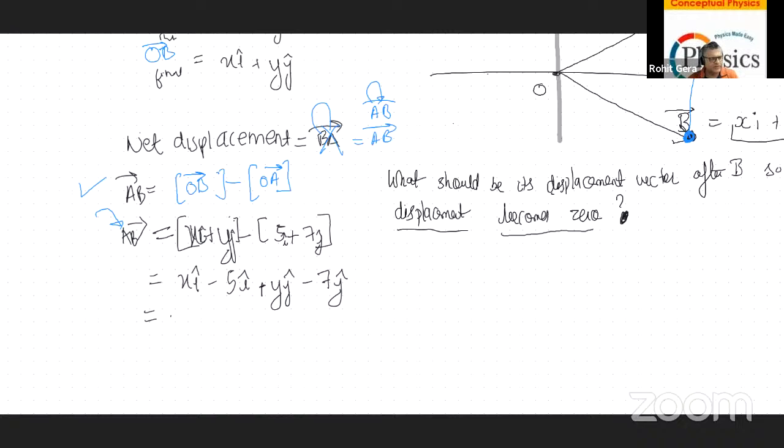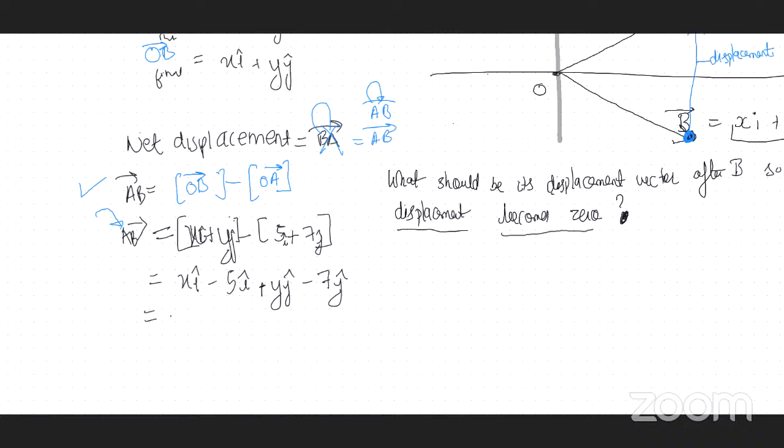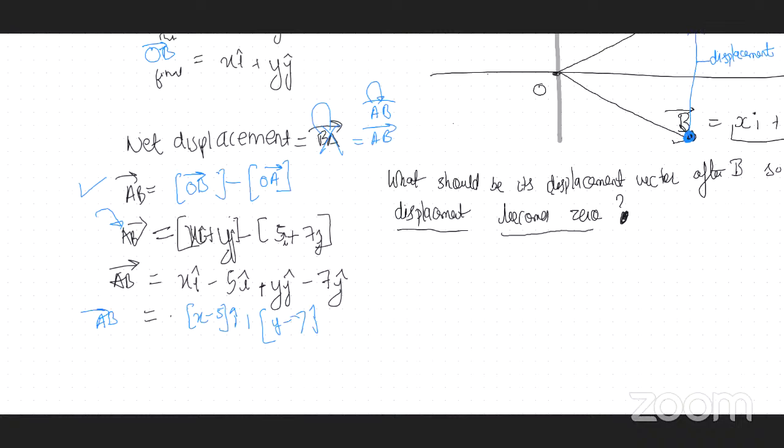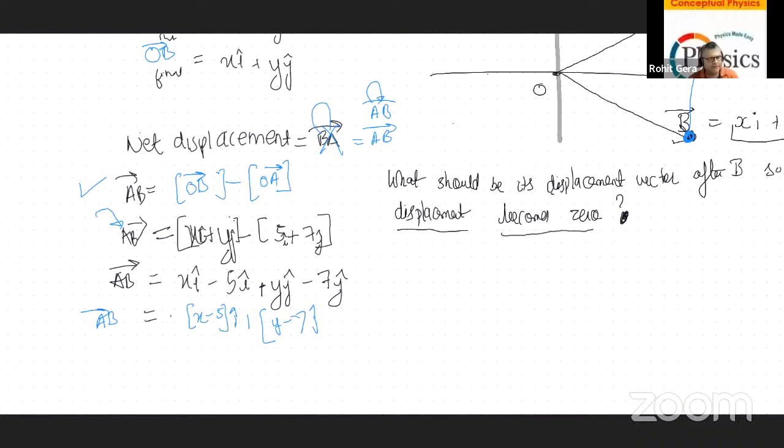So this is your displacement, right? This is the net displacement you exhibited. Now let's go to the question. I am writing my displacement. This is the amount of displacement I've already done.